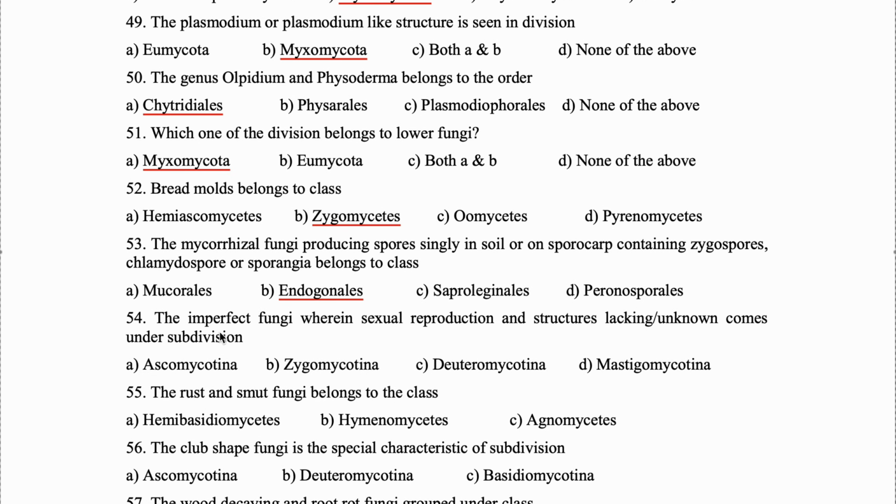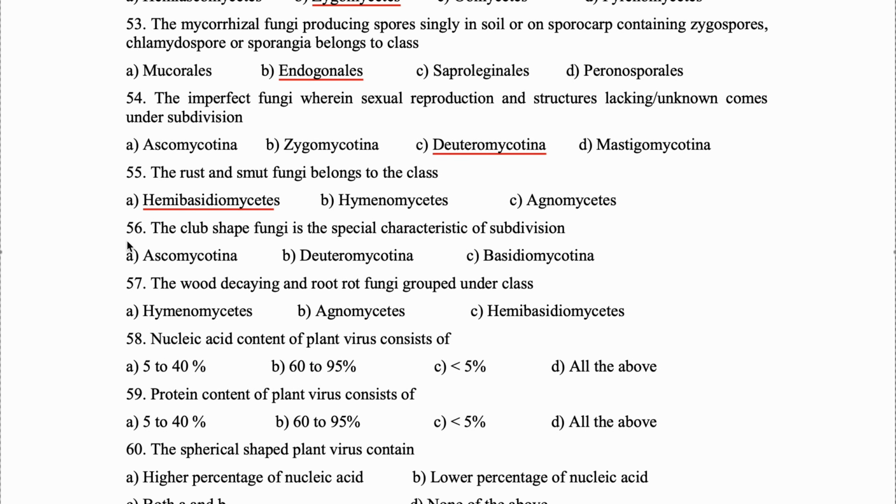Question 54. The imperfect fungi wherein sexual reproduction and structures are lacking or unknown comes under division. Imperfect fungi equals Deuteromycotina. Question 55. The rust and smut fungi belong to the class Basidiomycetes. So the answer will be option A, Hemibasidiomycetes. Question 56.